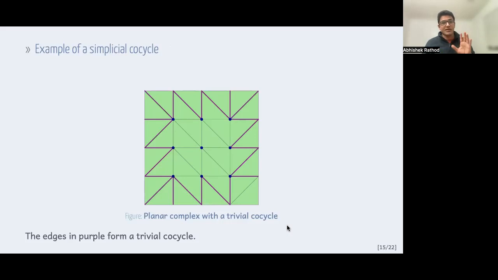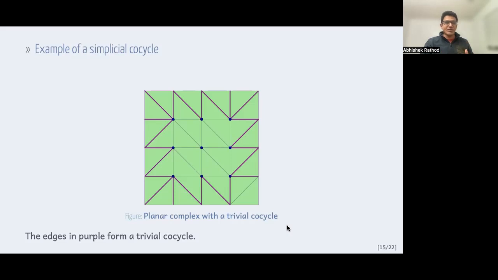The purple edges form a cocycle because they are incident on every triangle an even number of times, either 0 times or 2 times. Also, this cocycle is trivial because it can be written as the coboundary of the vertices in blue. That completes my description of the example.